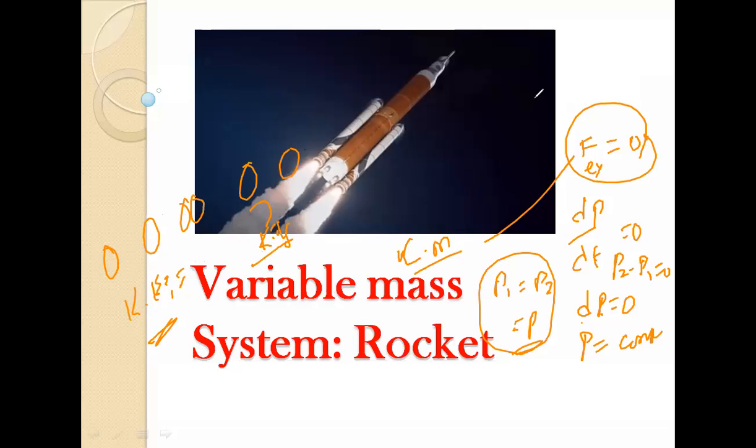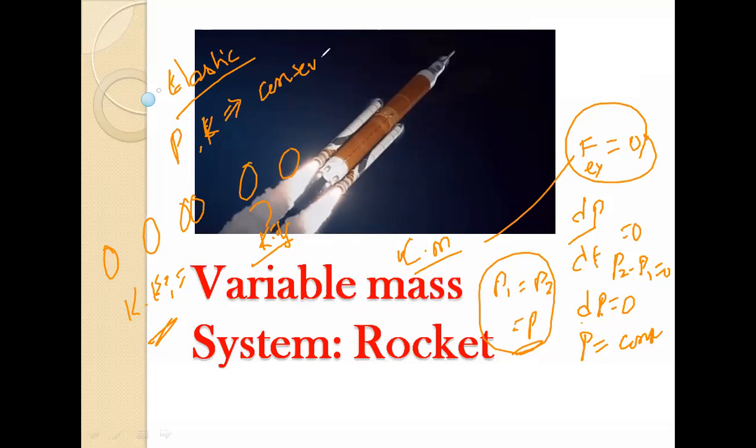And we also discussed the two types of collisions: elastic collision and inelastic collision. In an elastic collision, both momentum and energy are conserved. Both quantities are conserved.